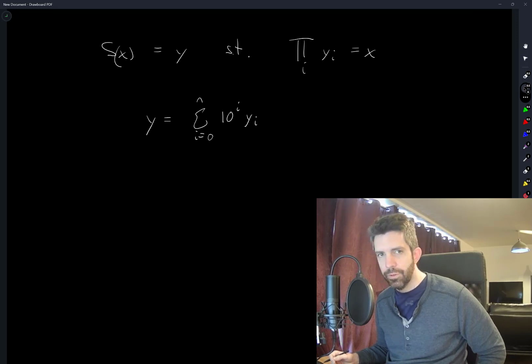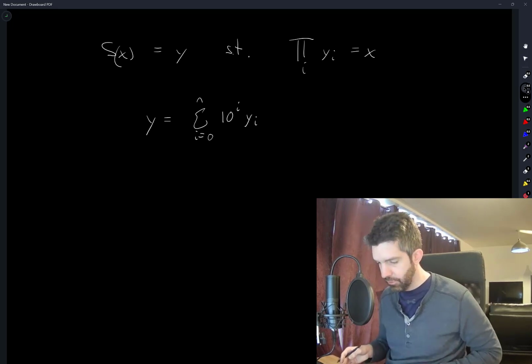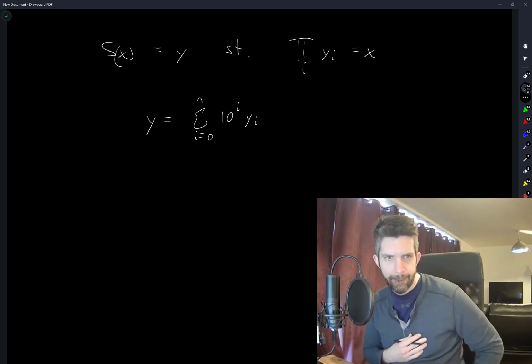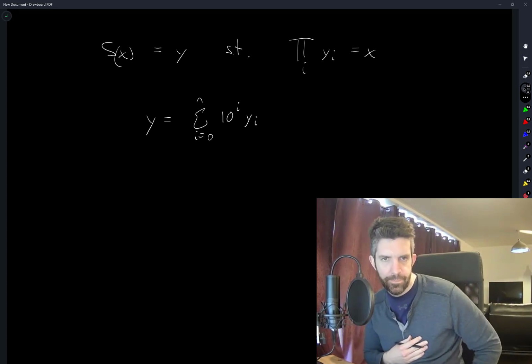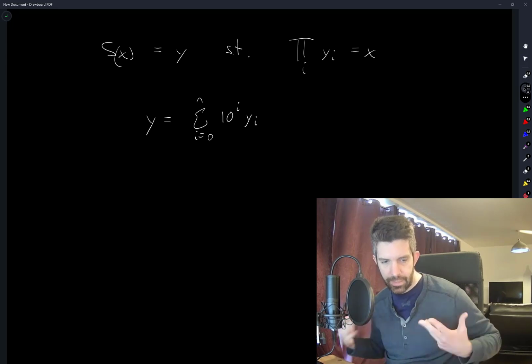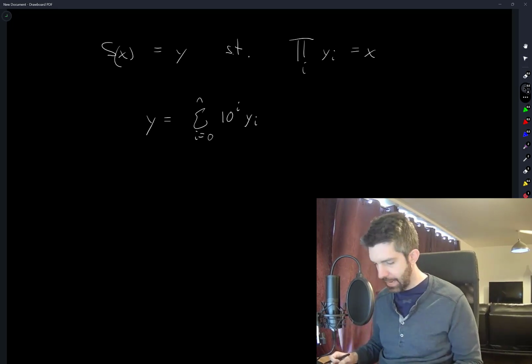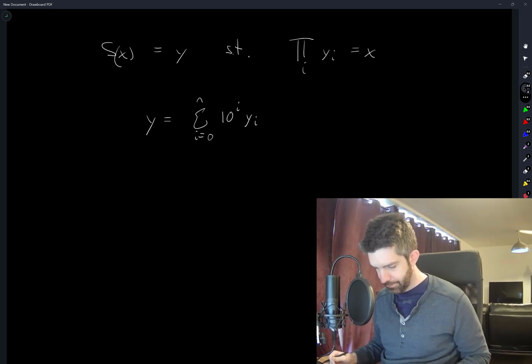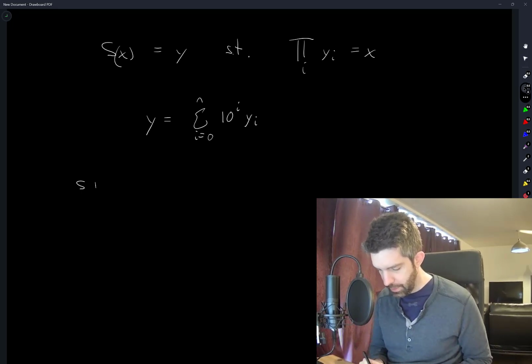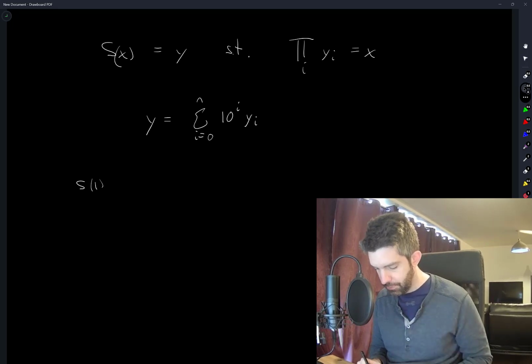So when I don't know where to start in questions like this, I often like to think of some specific examples. Still in terms of just figuring out how this function works, why don't I just compute s of x for a few values of x.